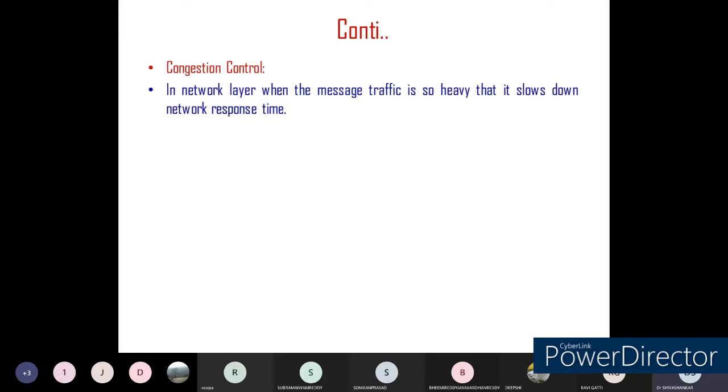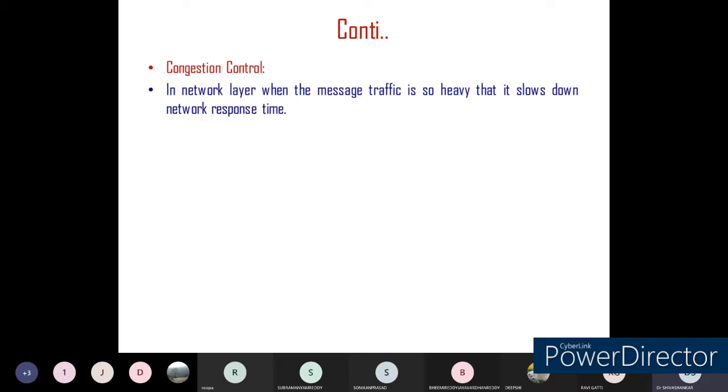For example, if you want to travel from Hebbal to our SVCE college, and there are more heavy vehicles, definitely we will take more time, isn't it?